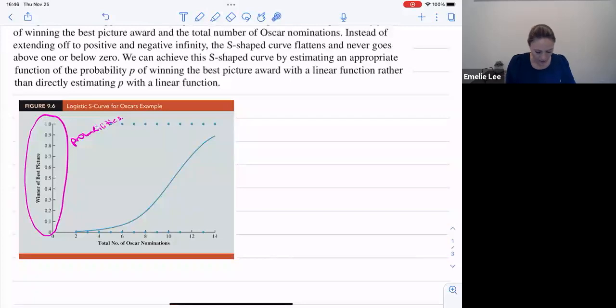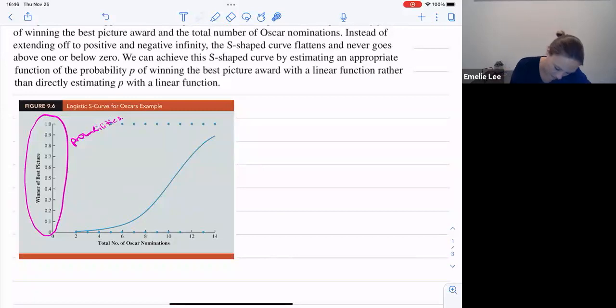Okay. So then what we can do is, if we know the total number of Oscars that they had, then we can use the curve to predict the probability of winning, where a 1 is winning.